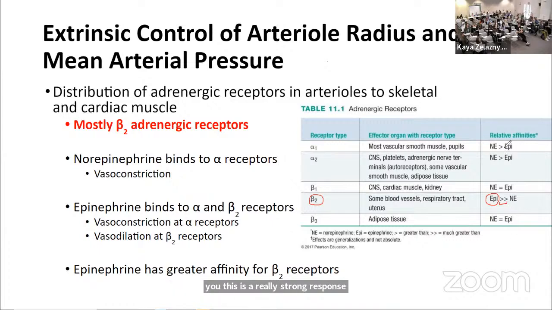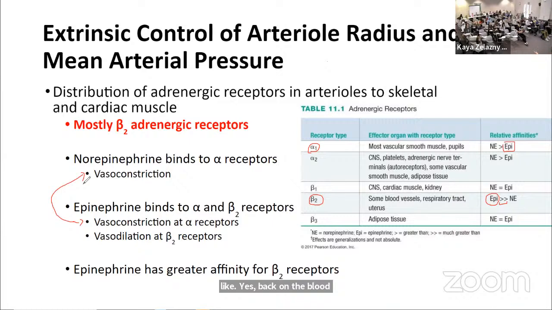It does also bind to the alpha receptors, just not as strongly, right? So when it binds to an alpha receptor, this first piece, it's going to have the same reaction as if norepinephrine bound there. So you can think of the effect on the blood vessel as being a response of that receptor, right?